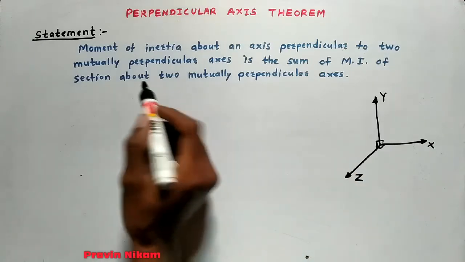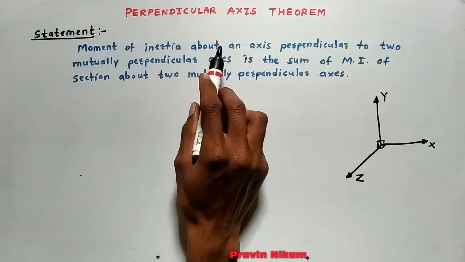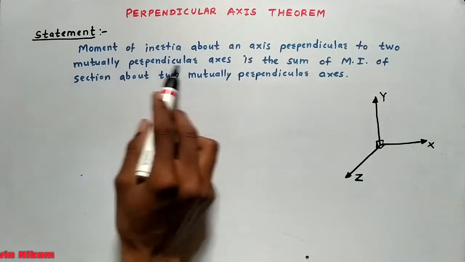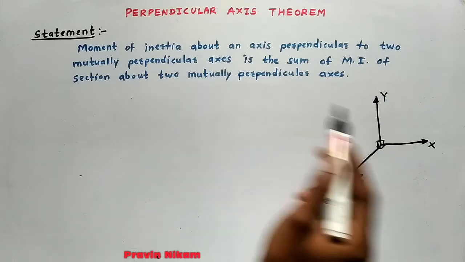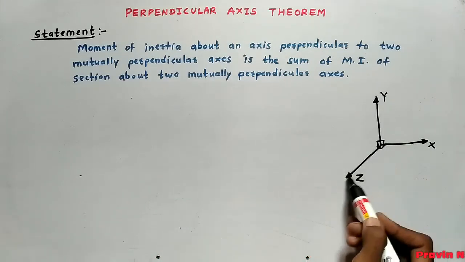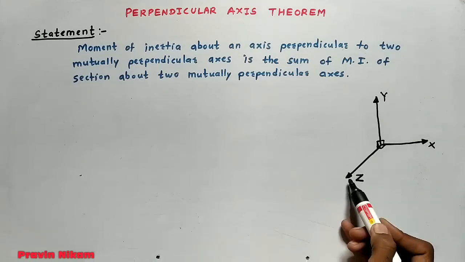Now what is the statement? Moment of inertia about an axis perpendicular to two mutually perpendicular axes. So these are two mutually perpendicular axes and we require moment of inertia about this z-axis.